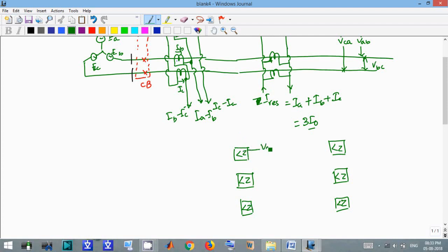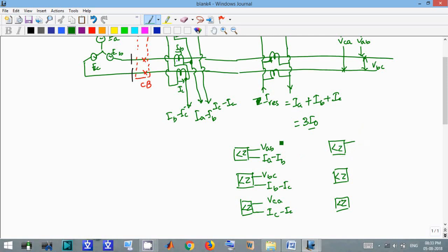So this is VAB. VAB means VA minus VB, and we give the signal IA minus IB. This is VBC, and we give the signal IB minus IC, and this is VCA, and this is IC minus IA. Right? We give this signal to the comparator, whether the impedance seen by the relay is less than our Z set value or not.